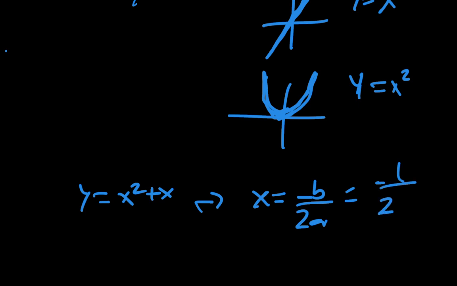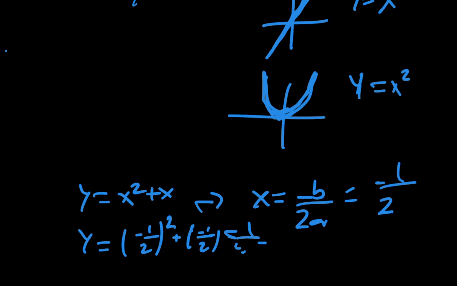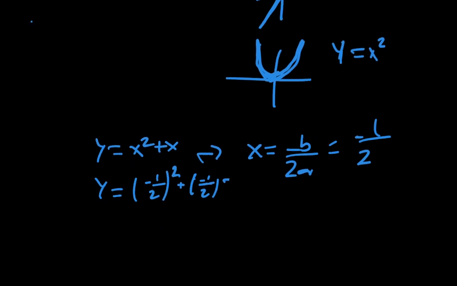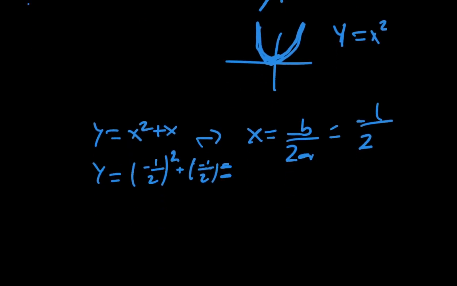And if we want to find where that vertex is, we just plug that value into our function. And this would give us 1/4. Let me just scroll down a little bit. 1/4 minus 1/2, which would be minus 1/4.